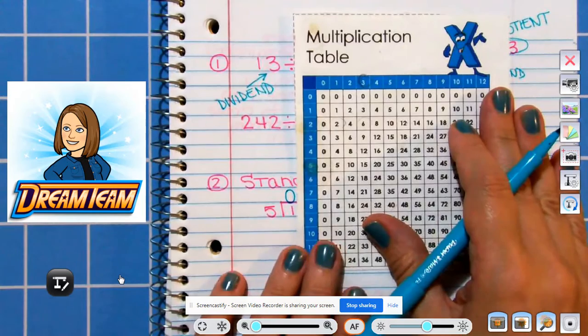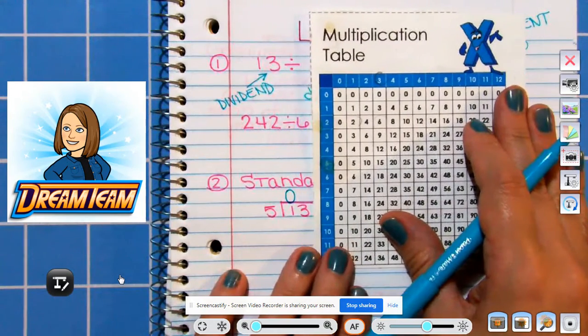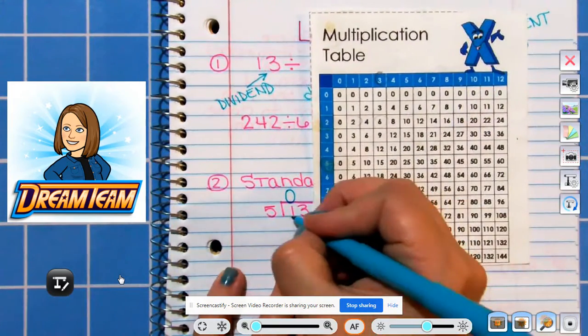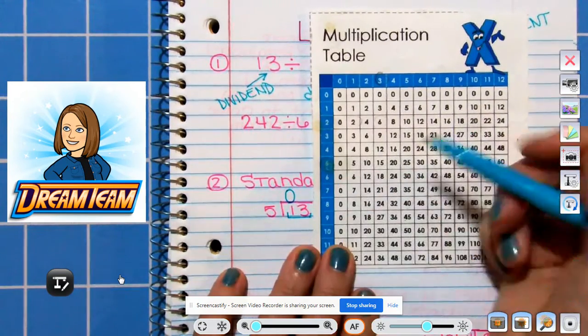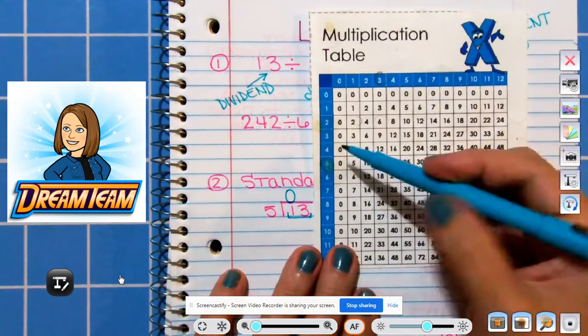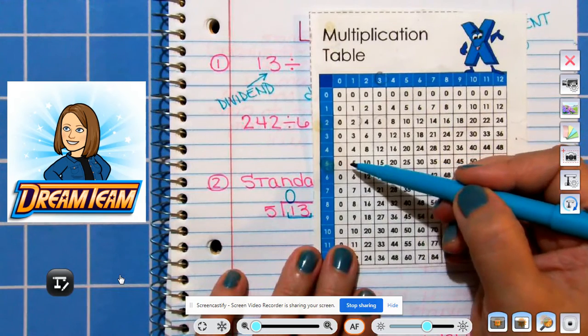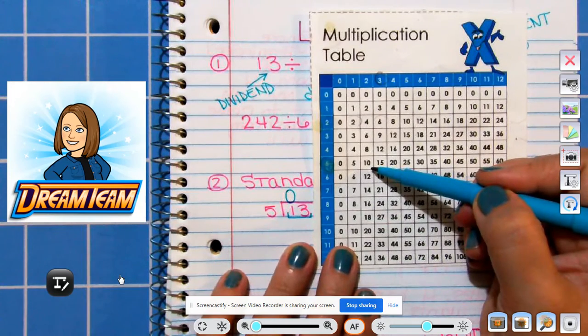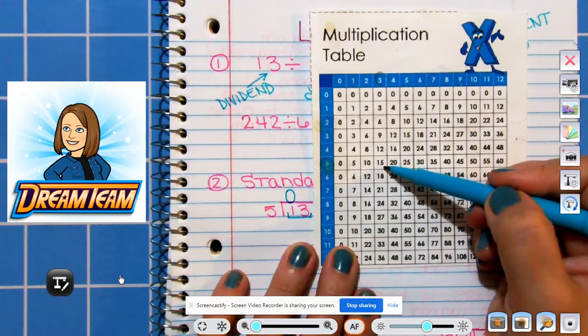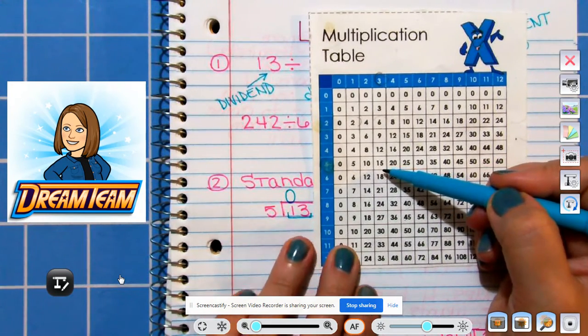When that happens, you can grab that second digit. And so now we're going to see how many groups of 5 we can make out of 13. So 1 group of 5 is 5. 2 groups of 5 is 10. 3 groups of 5 is 15. That's too many.